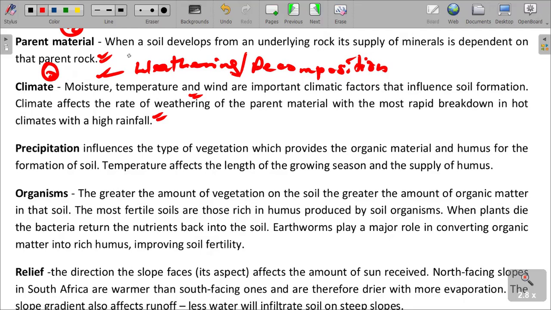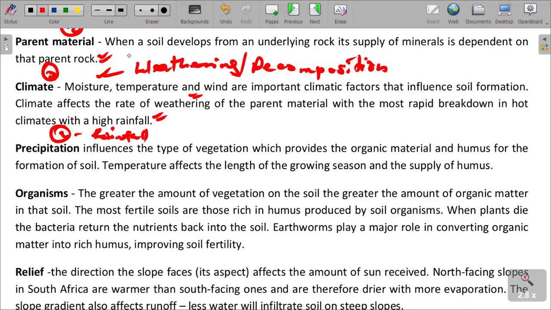We also tend to have extensive weathering, because these are the key factors required for weathering to take place. And then precipitation, which is rainfall, affects erosion and weathering.